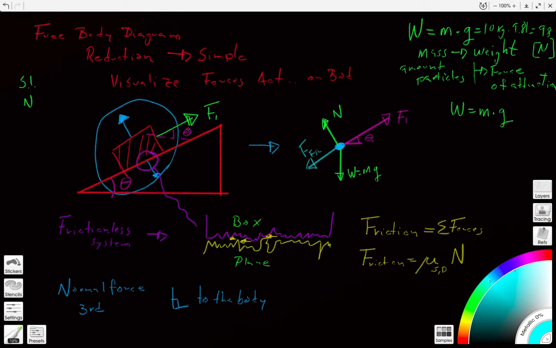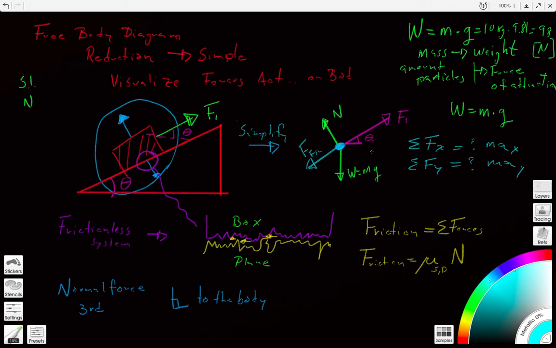So we converted this system into something more simplified, into all of the forces that are acting on our particle. Now that we know all of the forces, using Newton's second law of motion we can determine if we have some sort of acceleration, in the x direction and in the y direction.